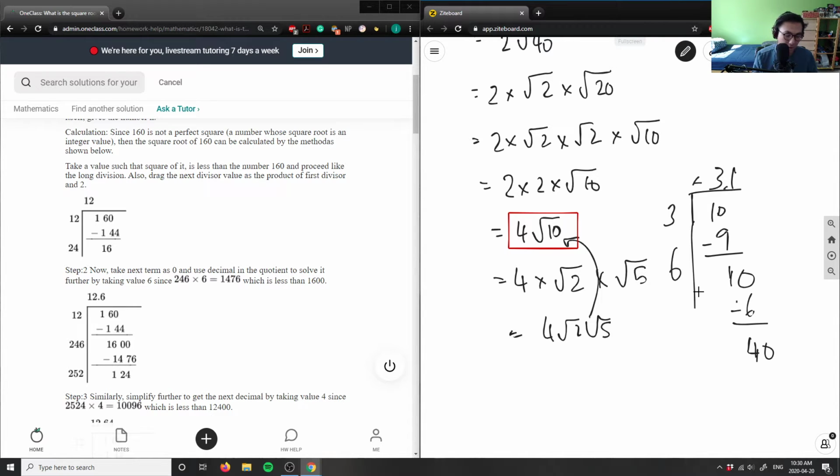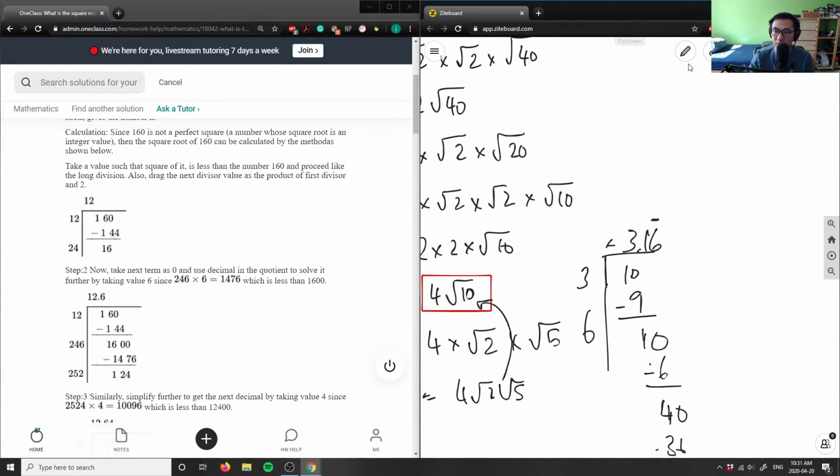So then again, I have 6 and 40 again. I can say 3.16. 6 times 6 is 36. And then you realize that this repeats itself, right? Because I can bring down the 0 again, and I would keep getting 6 on top. So it's the same thing as saying that it's 4 times 3.16, right?